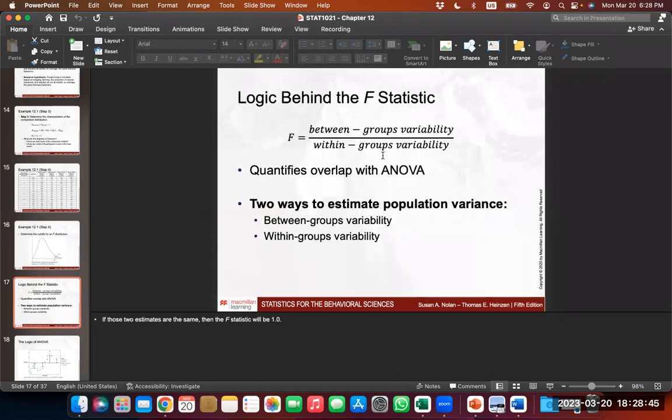So now we're quantifying the overlap between the respective variances of these groups, and by getting those aligned as a ratio between the variances between and the variances within, we get an F.